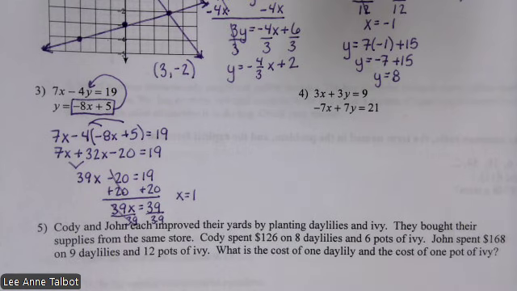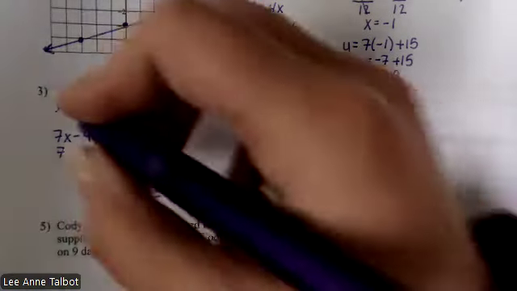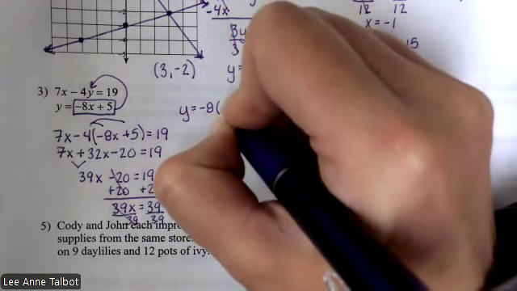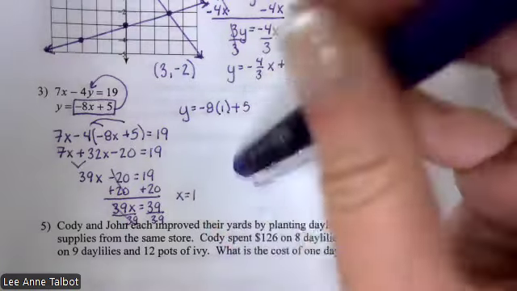Got 1. Did you guys get 1? Okay, so we're going to put 1 into the box. Y equals -8 times 1 plus 5.